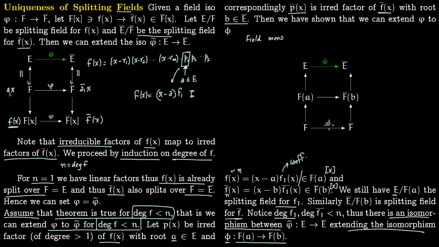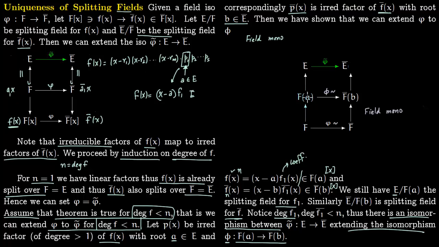So let us see this more pictorially. You have this var phi, this is the isomorphism. You carry it to this phi, and you can do this by our lecture on field monomorphisms. In that lecture you carried this var phi to this phi, which was an isomorphism, and this was true for an irreducible polynomial. In our case, we have taken this irreducible polynomial as a factor of f of x.